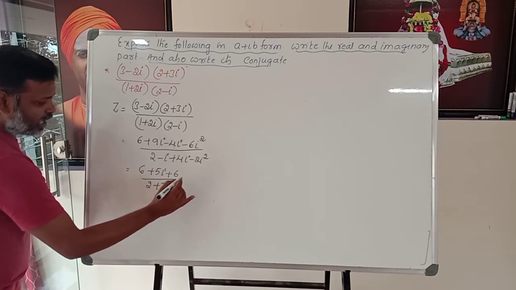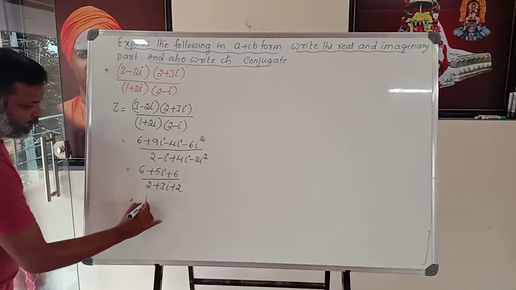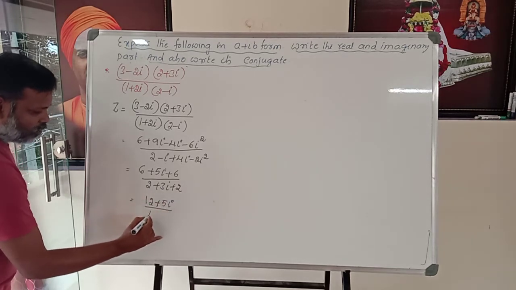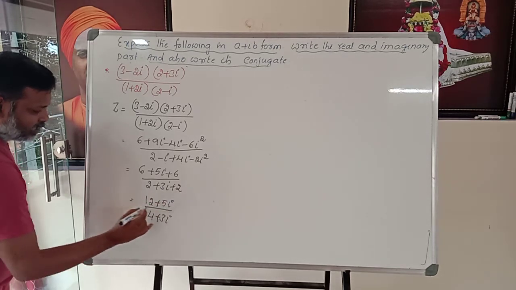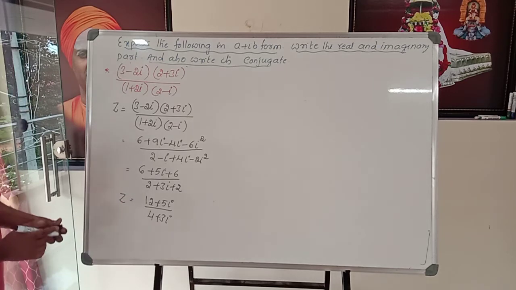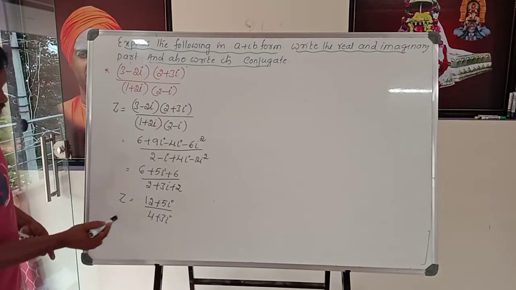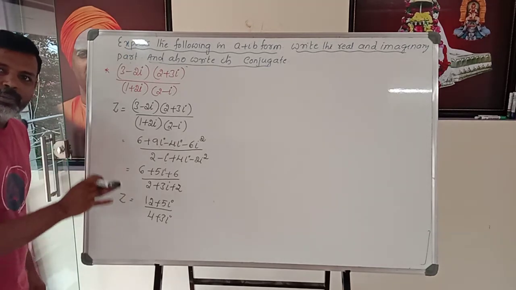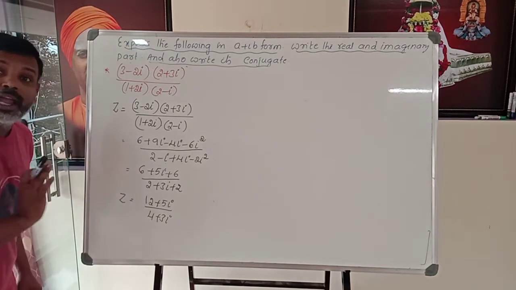This becomes 12 plus 5i divided by 4 plus 3i. So this is z. Again the standard form has come: numerator one, denominator one. Now we have to multiply and divide by the denominator's conjugate.